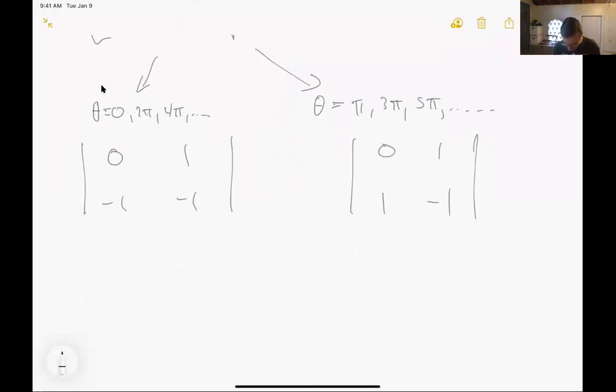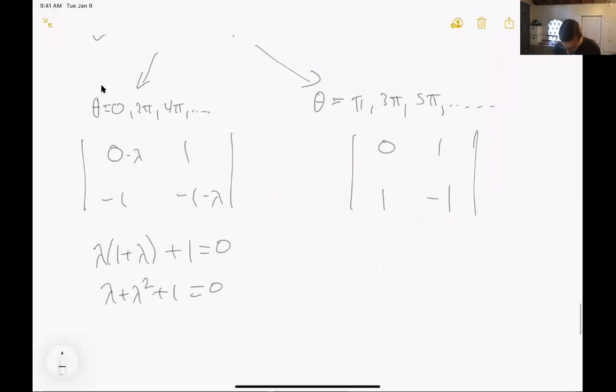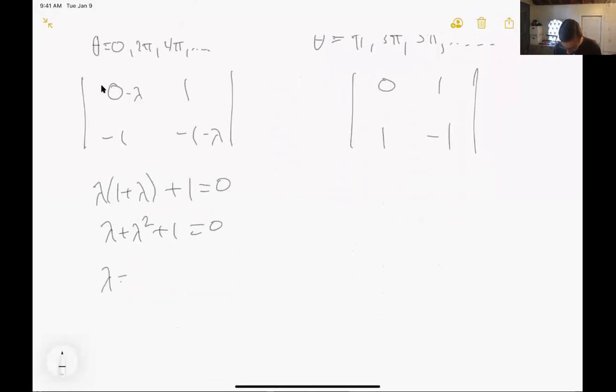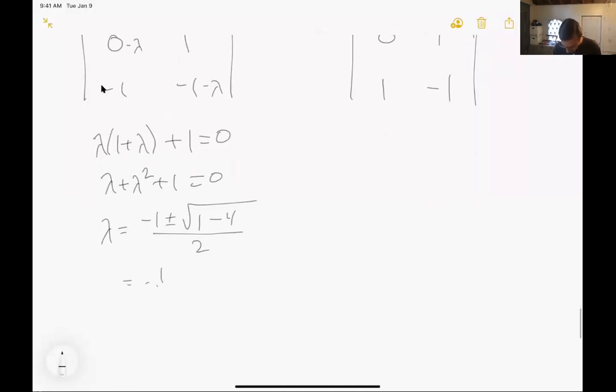So we want to subtract lambda, get the characteristic polynomial, and we get lambda times 1 plus lambda minus negative 1 equals 0, lambda plus lambda squared plus 1 equals 0. So that doesn't factor. Lambda equals minus b plus or minus the square root of b squared minus 4ac all over 2a, which is minus 1/2 plus or minus 1/2 times the square root of negative 3.